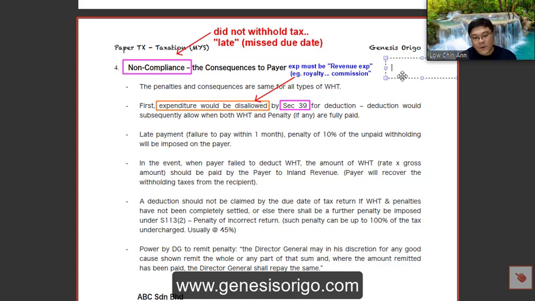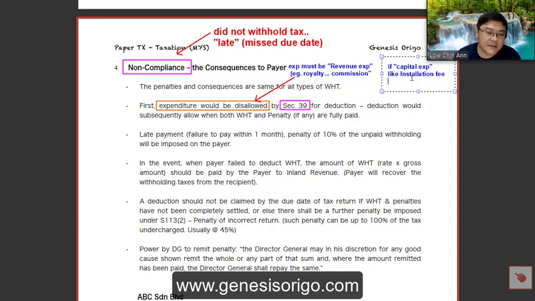But take note, if it's a capital expenditure like an installation fee, it really cannot get a deduction. By itself, an installation fee is not even a revenue expense. You don't even get a deduction in the first place.